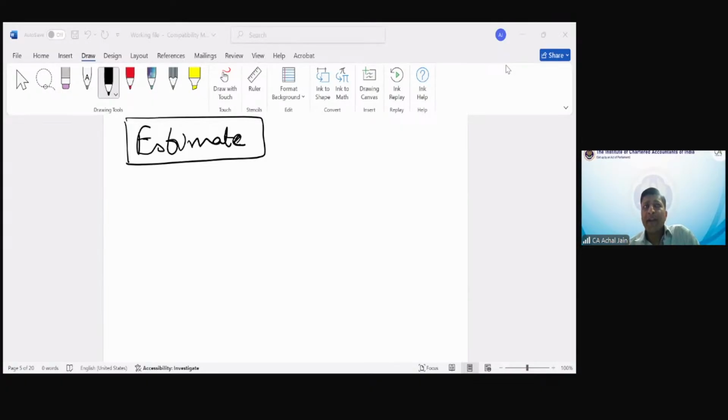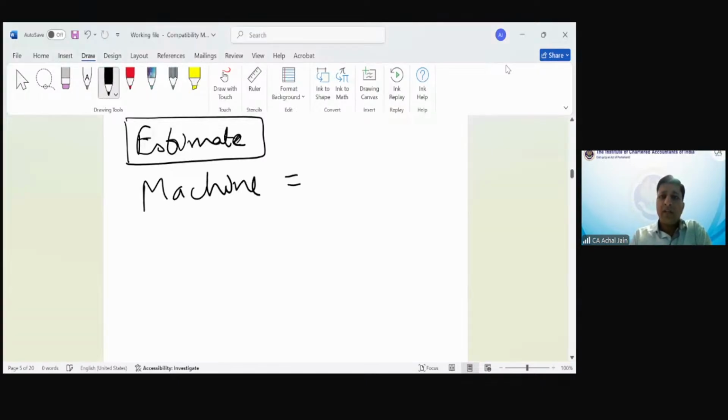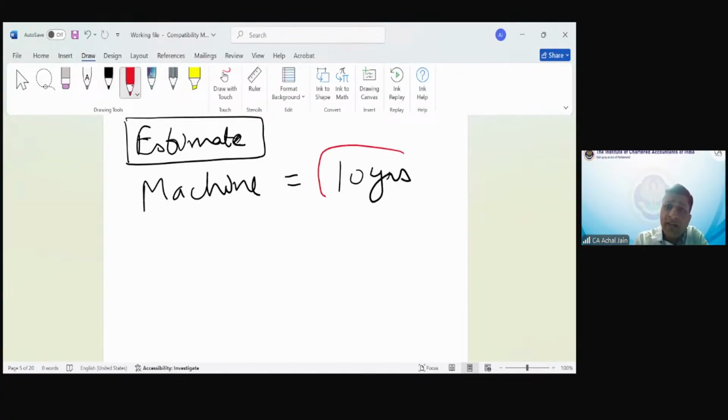If you look at useful life of any item of PPE, for example, if you say useful life of machine has been considered as 10 years. Okay, machine is there, its useful life has been taken as 10 years. So can an entity say with 100% accuracy that its life is going to be 10 years only? Tell me.